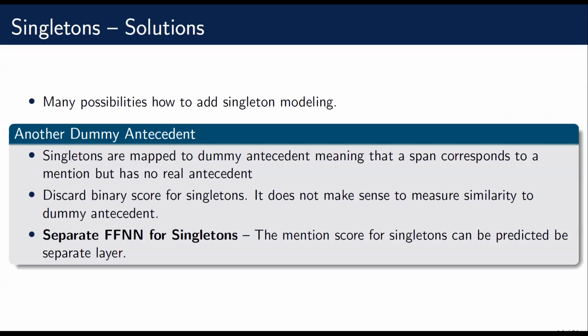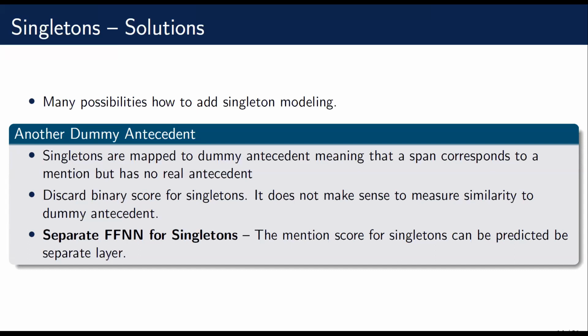Okay, I said that I was talking about singletons, and this was my mistake because I was explaining different slides. So this is the slide I was explaining. We try to tackle the singletons, and we modify the model so that it also predicts singletons.